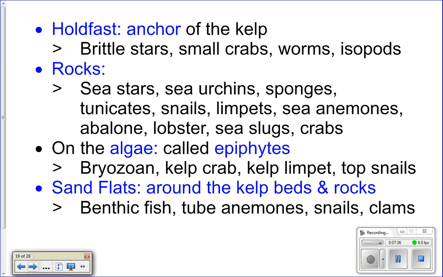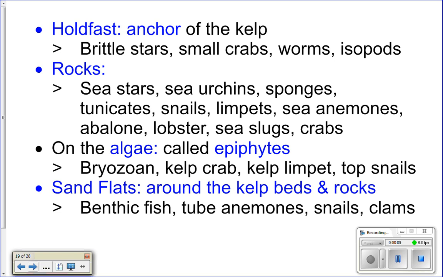You would find things like brittle stars, little crabs, worms, isopods. They're all going to live here in the holdfast of the kelp. And they live there because it's a very protected place. The kelp has this tangle of a holdfast, and they can get into those cracks and crevices and hide from predators.